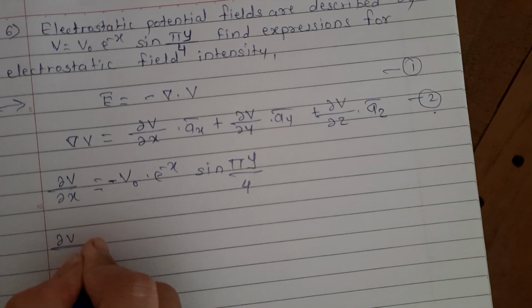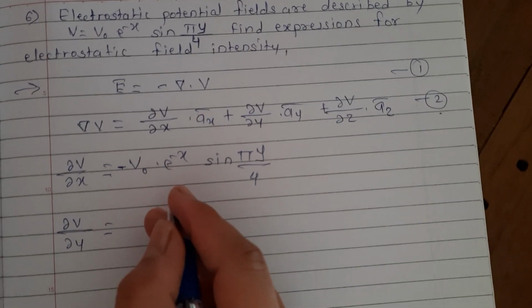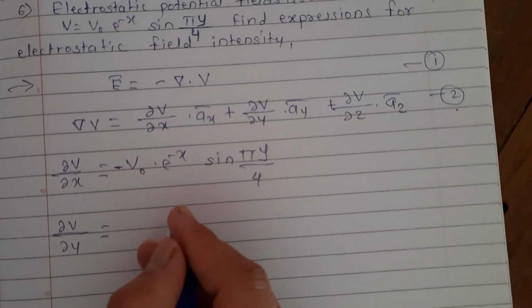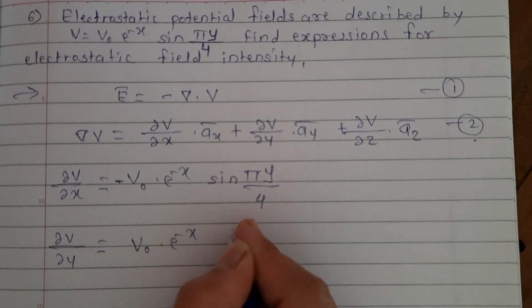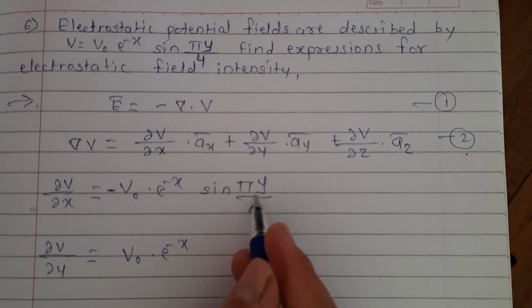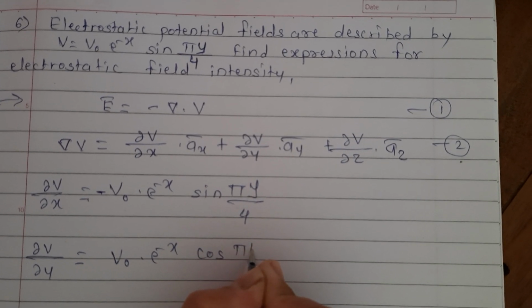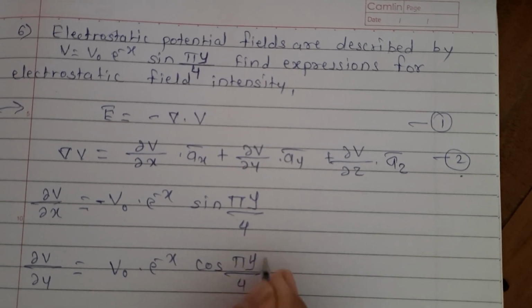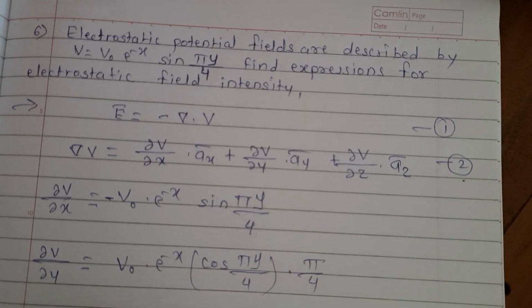And dV by dy is V0 e raised to minus x, with respect to y, sine becomes cos of pi y by 4 into pi by 4 as it is.